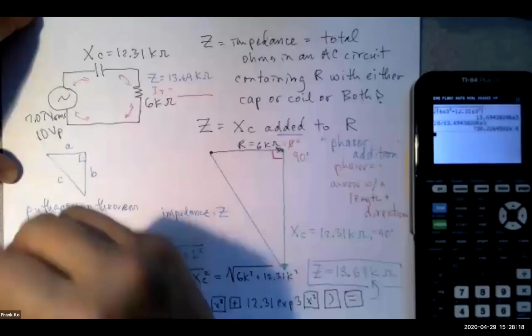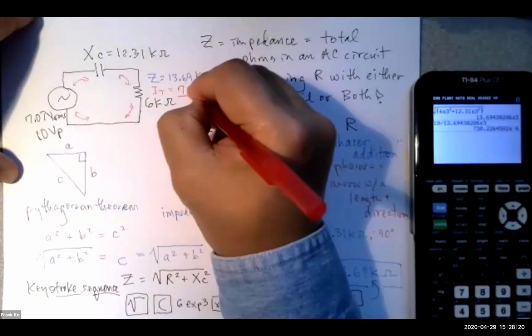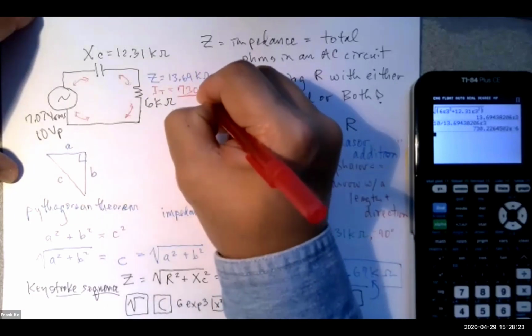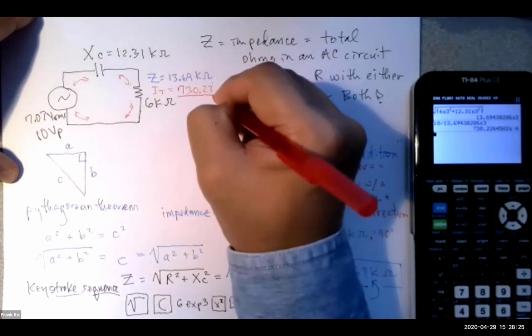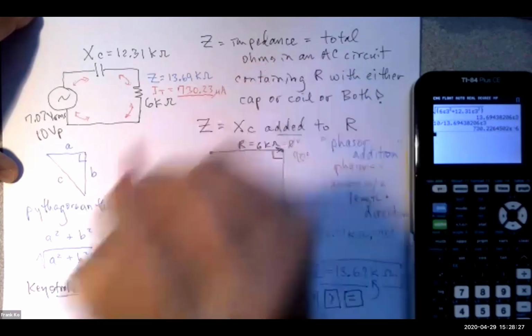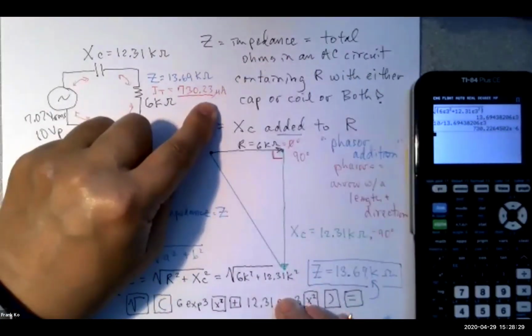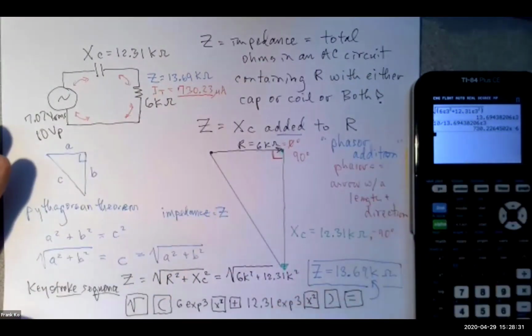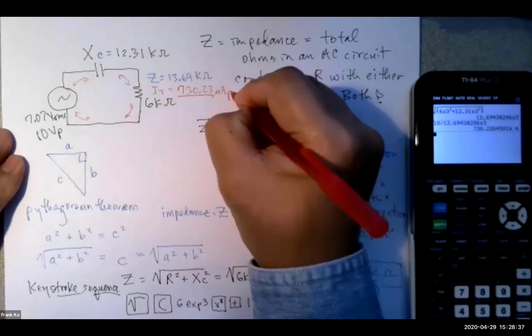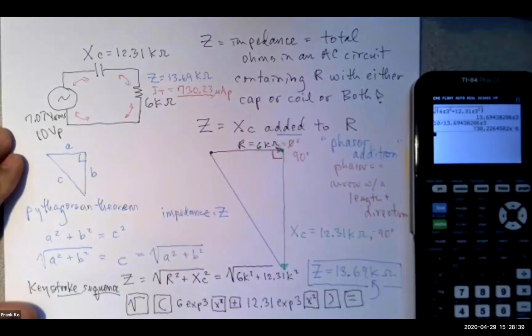I'm getting 730.46 microamps. Okay, with memory, you should have something very close to 730.23 microamps. And like I say, if you're a few hundredths off from my calculation, that's okay. I'm using as much memory as I can. And that's peak, so add a little peak at the end. So far, so good. Is everybody able to get that number or something very close to it?